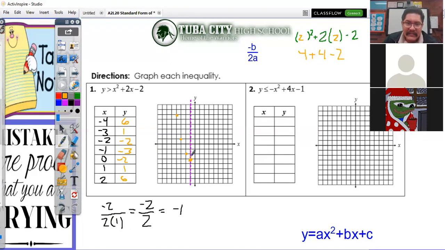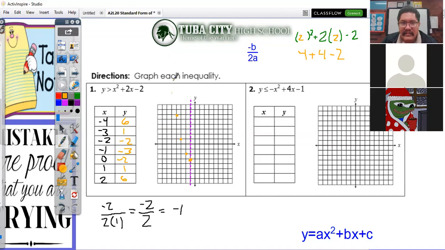So if I start from the vertex, the next point over is going to be 1. So 1 space in height from here to there. From this point, it's going to be 3. So you can see that there's 1 over, 3 up. And the next one should be 5. So over 1, up 5.